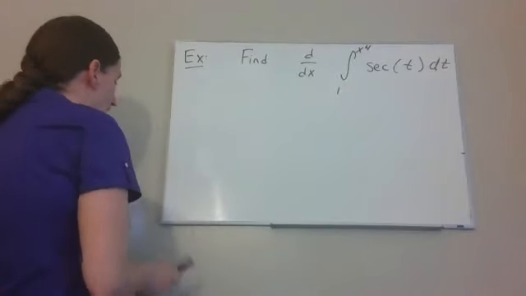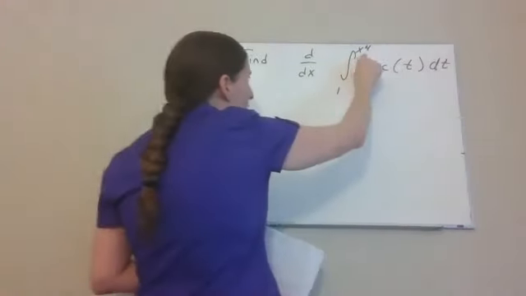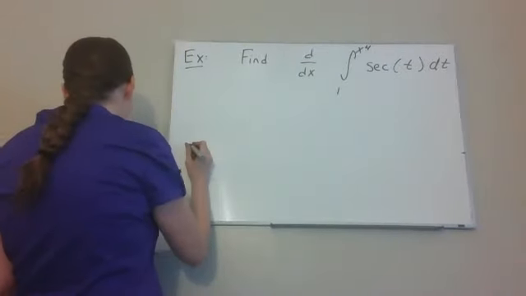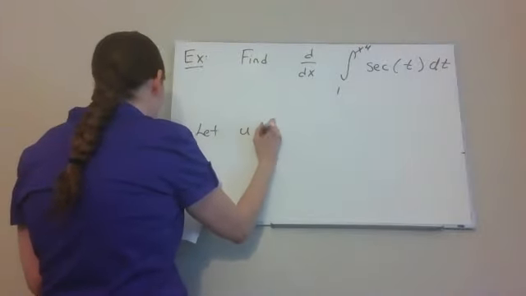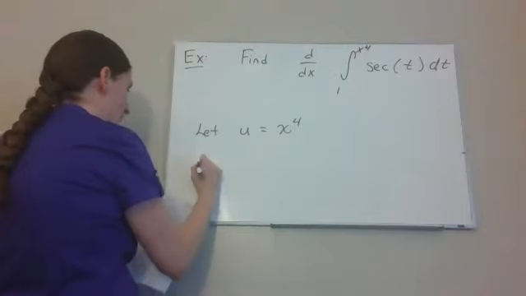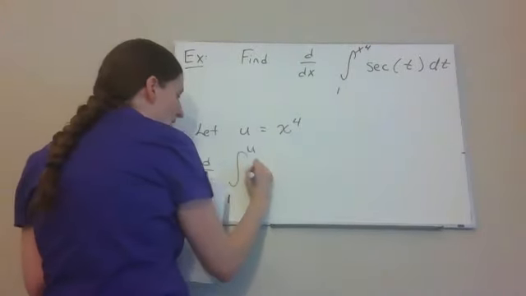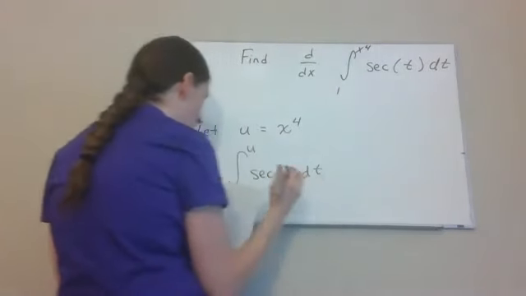So I'm going to use that fundamental theorem of calculus, and notice that I have this x to the fourth up here instead of just an x. So we're going to let u equal x to the fourth. So I'm trying to find the derivative of an integral from 1 to u of secant of t dt.